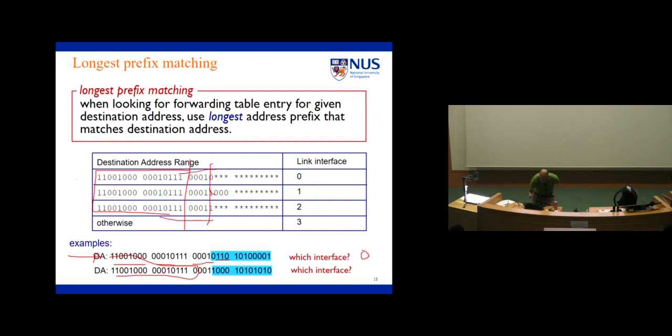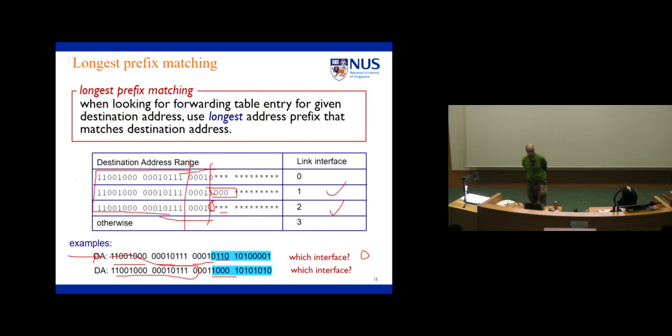That's also a match with everyone. But then I have 1 followed by 3 zeros. That matches here. It also matches here, right? Because the rest, the 3 stars, anything is okay. So now I have 2 matches. This is okay here, this is also okay here. Which one should I pick?